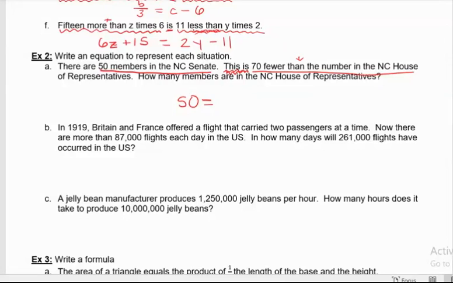"Fewer" tells me subtraction. So I have House of Representatives minus 70, and that equals the Senate.